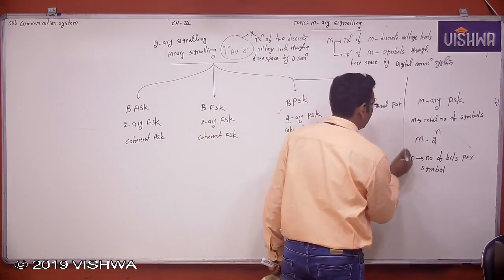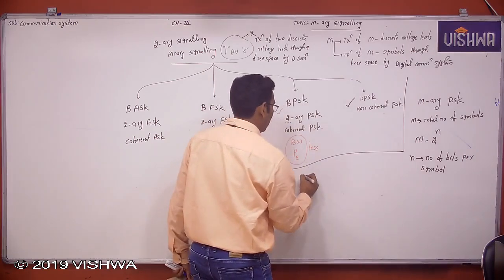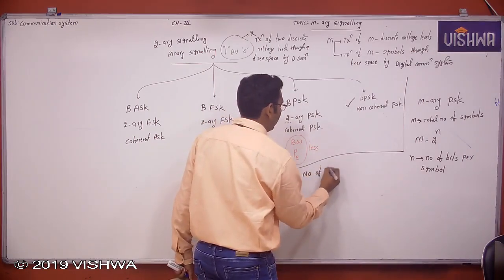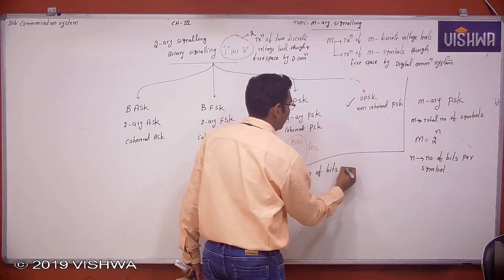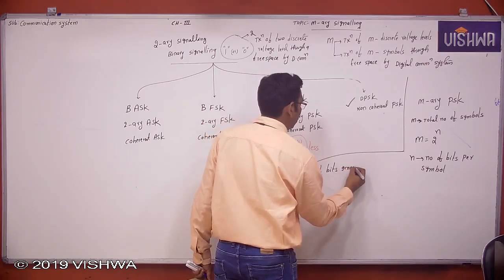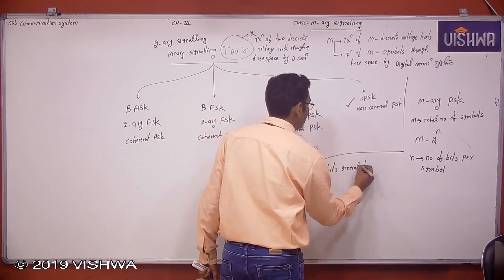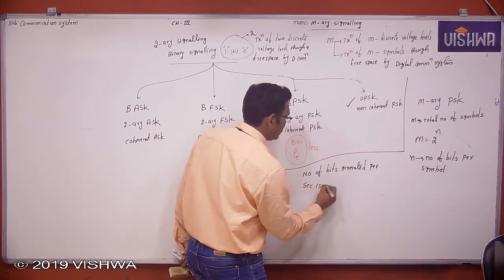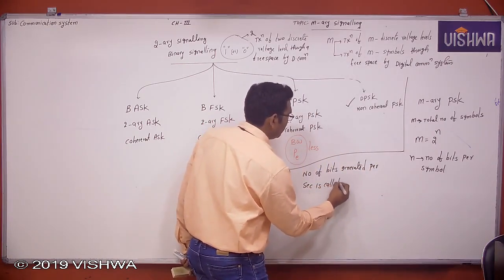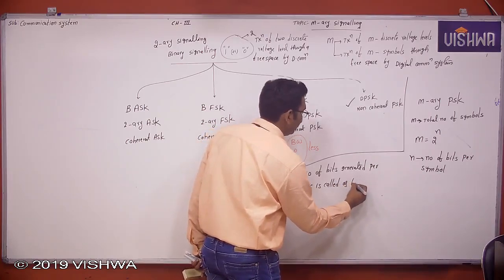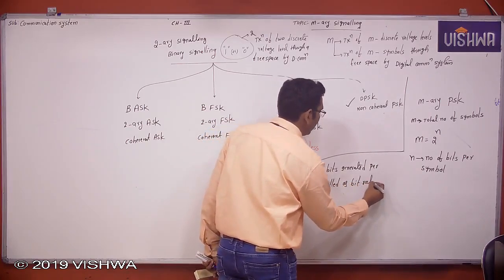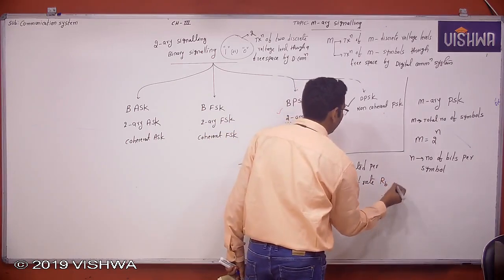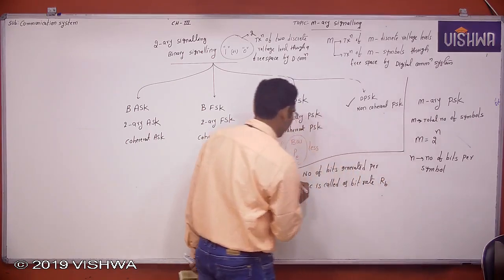Number of bits generated per second is called bit rate, RB.